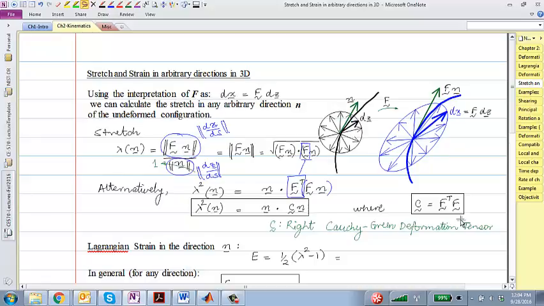There are two different ways, F transpose F and F F transpose. There are two different deformation tensors, but yes, F transpose F would be symmetric. You take any matrix or tensor, transpose with itself would be symmetric, and the fact that it is symmetric allows us to calculate this thing.